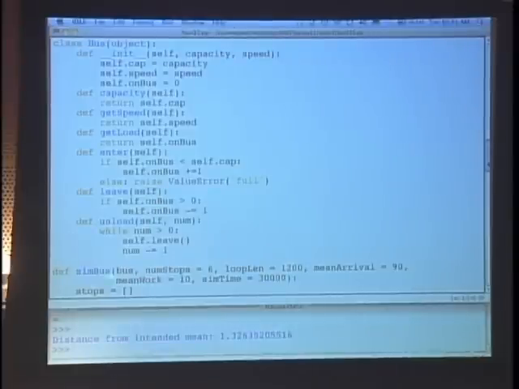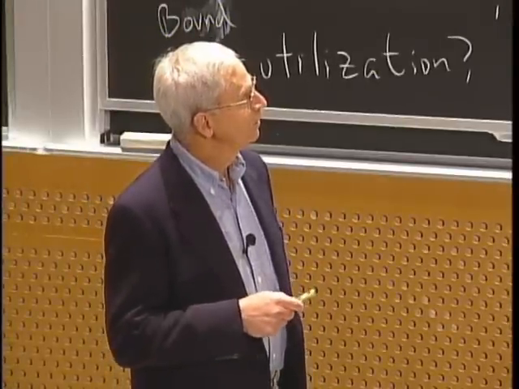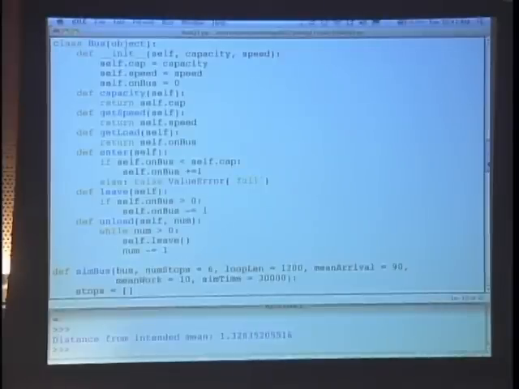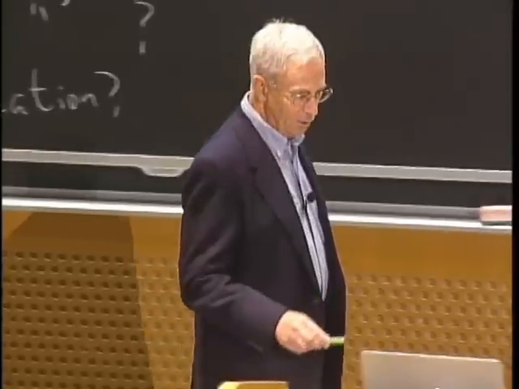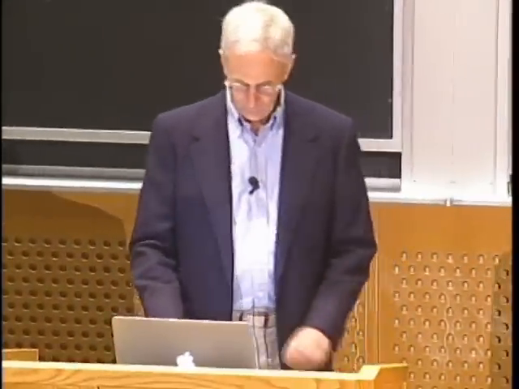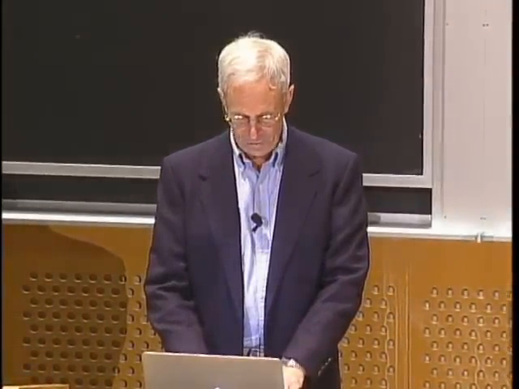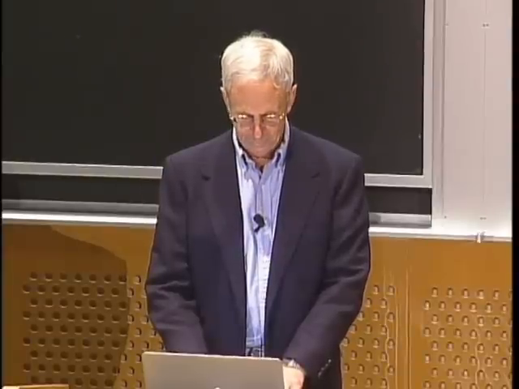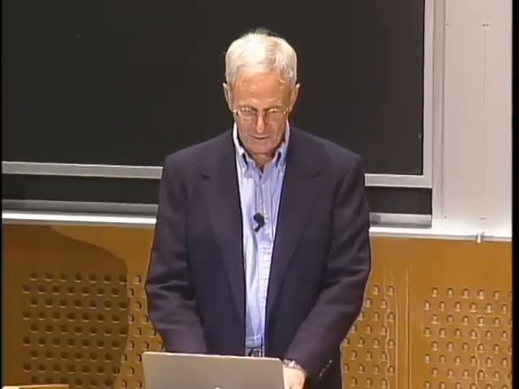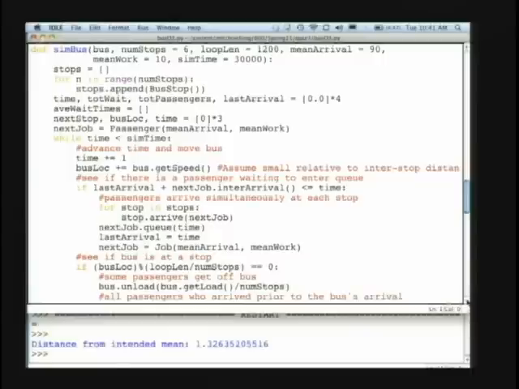And here's the interesting method, unload, takes a self and the number to be unloaded from the bus, and it just calls self.leave over and over again. All right, those are our basic classes. Nothing too sophisticated. As is often the case with classes, the code is straightforward. And now comes the not so quite straightforward code, which is the actual simulation itself.